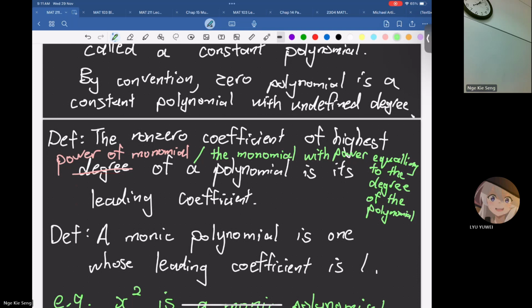So what's a monomial? Monomials are some power of the variable, x to the power i. These are monomials. So we can go into details up to the exact mathematical object.